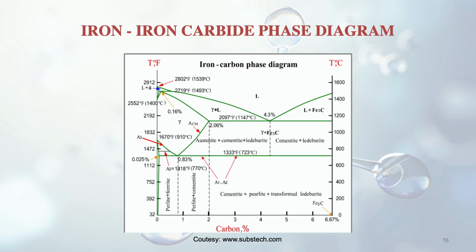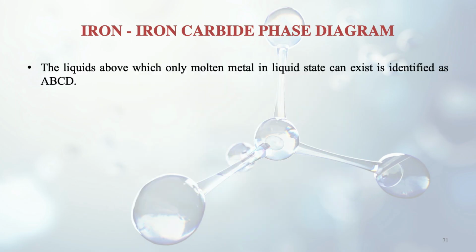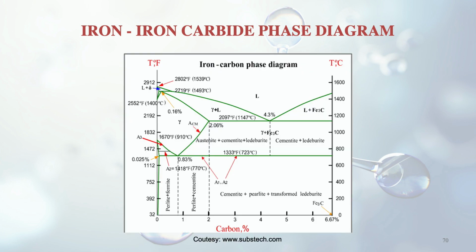Here in the diagram, you can see the liquidus, above which only molten metal in liquid state can exist, identified as A, B, C, D. In the curve you can see a portion A, B, C, D. Above this there is only liquid, no solid portion. You have to see carefully in the curve or graph.